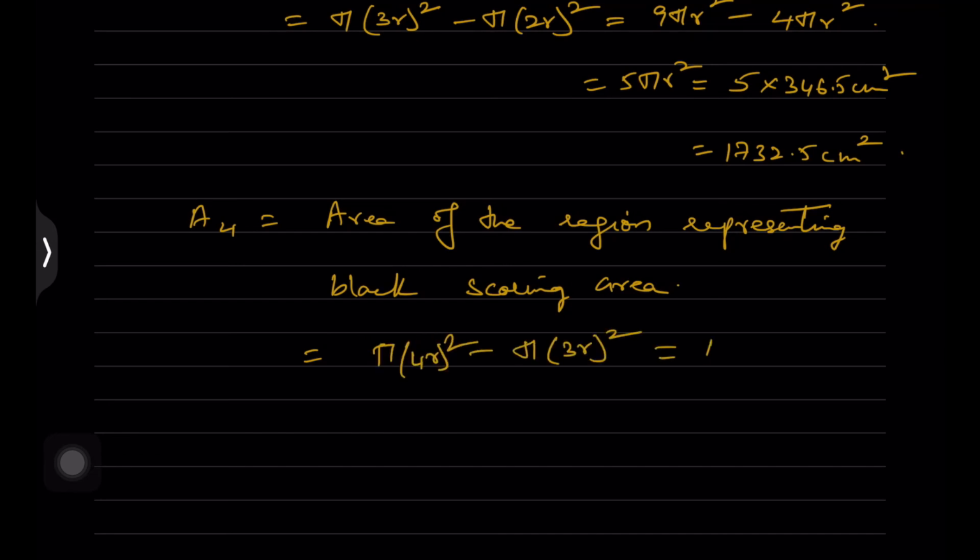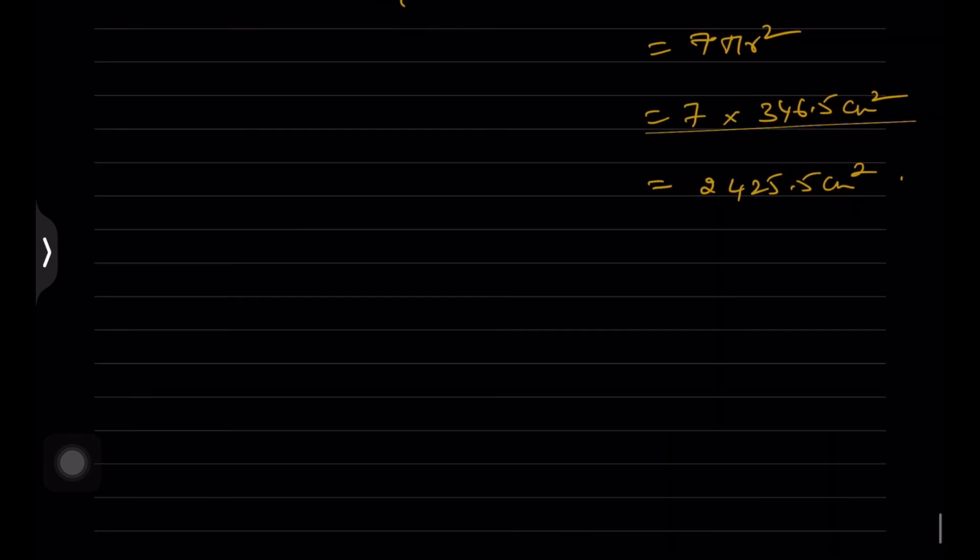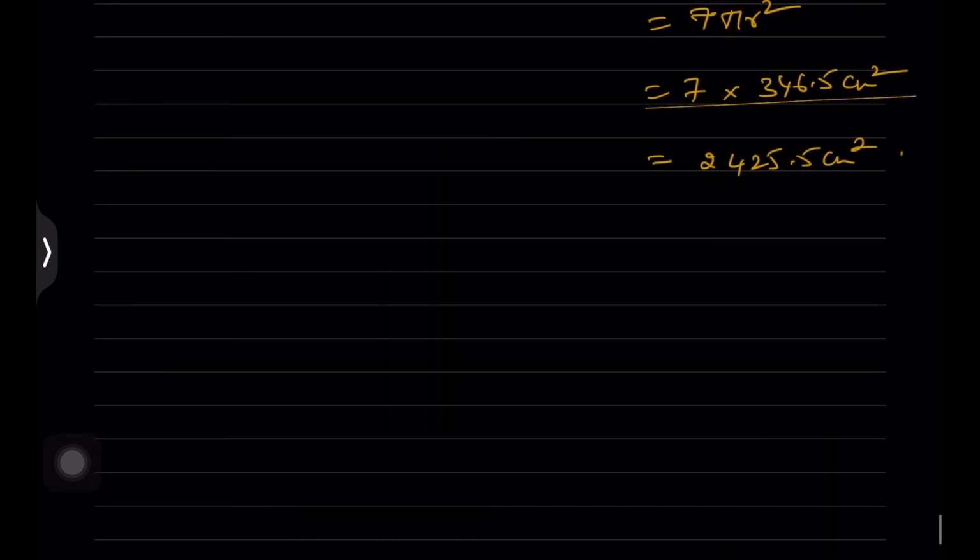So which is equal to 16 pi r square minus 9 pi r square, which is equal to 7 pi r square, which is equal to 7 into 346.5 centimeter square, which is equal to 2425.5 centimeter square.